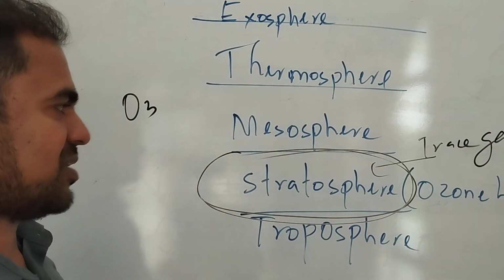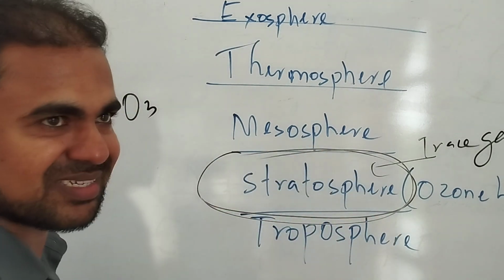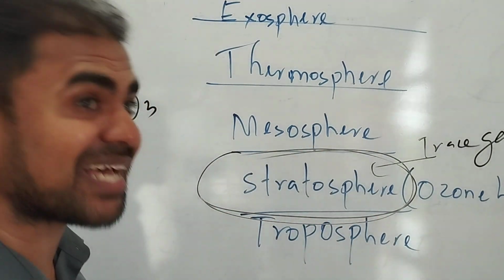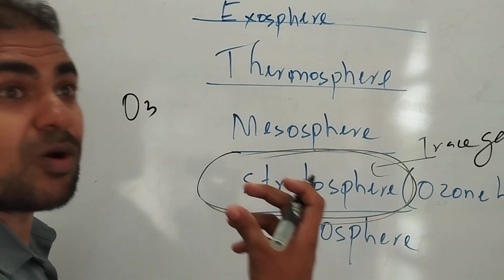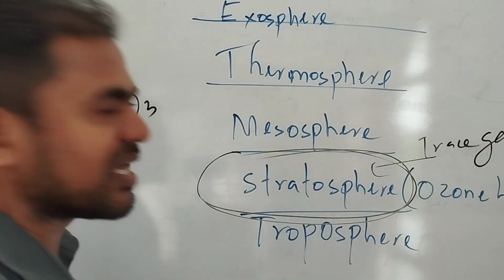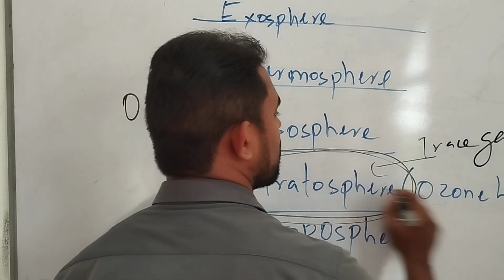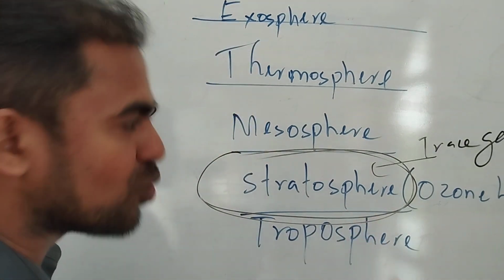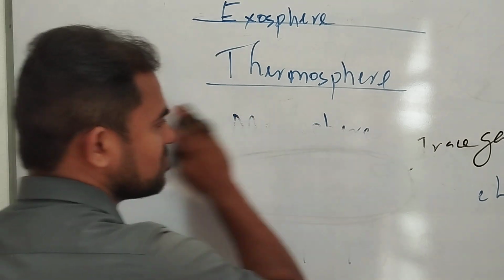In the stratosphere we have many gases. It is a minor gas, but it does a very important function: the ozone layer absorbs the UV light from the sun.